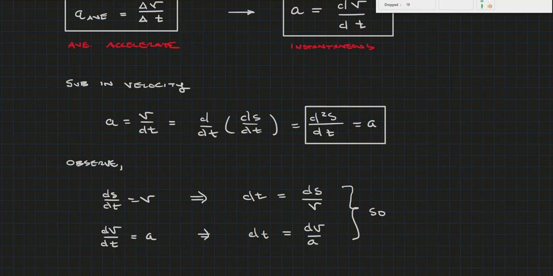Combining these two, setting them equal to each other, we end up with ds over v equals dv over a.